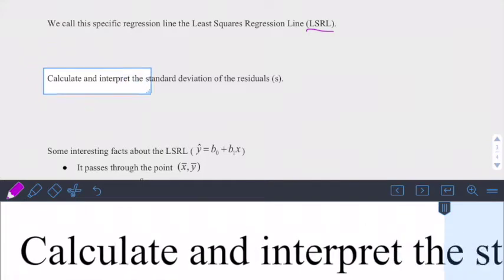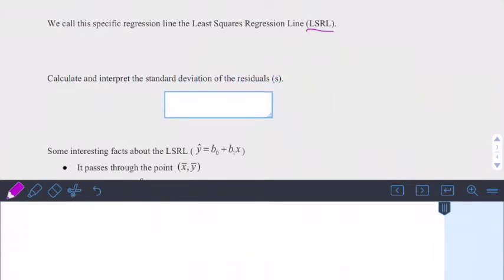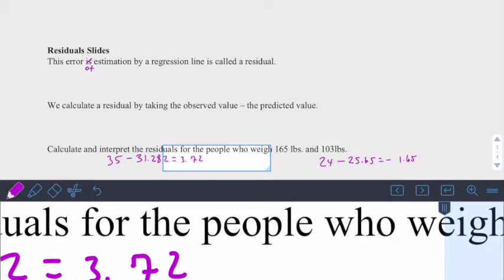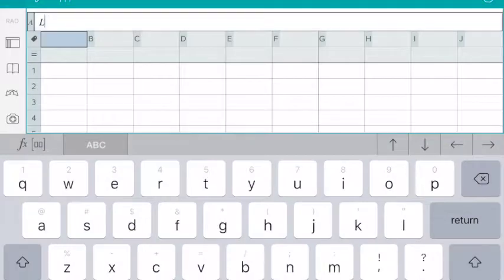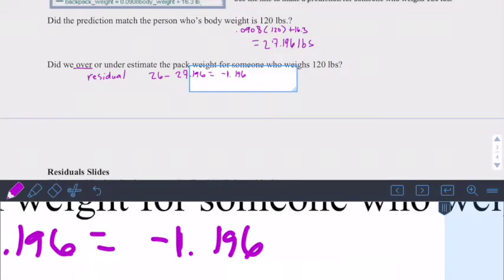We want to calculate and interpret the standard deviation of the residuals, S. So what we could do is take all of our residuals and then find our standard deviation. We'll just do it with those three for now. So 3.72, negative 1.65, and then our third one, negative 1.96.